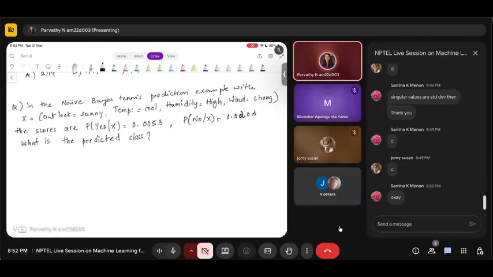So the probability of yes given X is 0.0053 and the probability of no given X is 0.0206. So what is the predicted class?